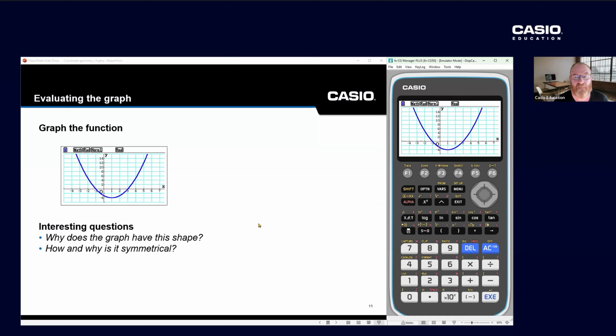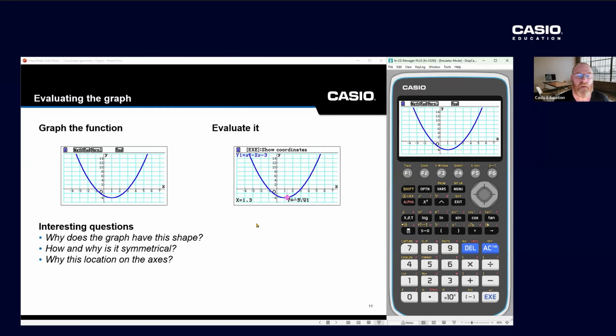Why does it have a minimum? Why are the points where it crosses the x-axis and the y-axis those particular values? So it allows you to ask all sorts of nice questions about the particular shape of the function, and we are going to have a look at that later on.